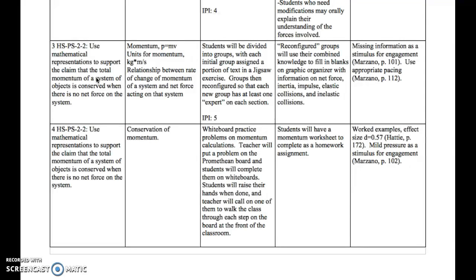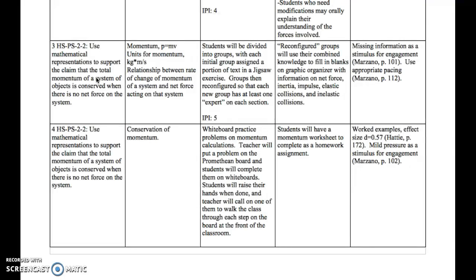And the rationale is missing information as a stimulus for engagement and use appropriate pacing. So obviously the blanks to fill in are the missing information, to go back to the text and find what they need to fill in any missing information that's on there. And then use appropriate pacing.